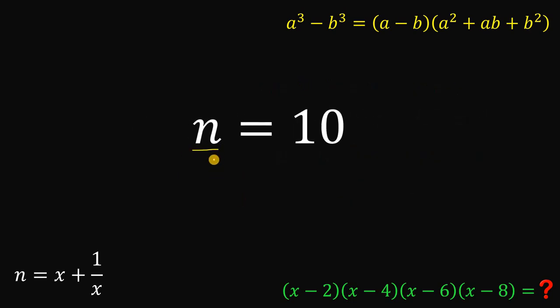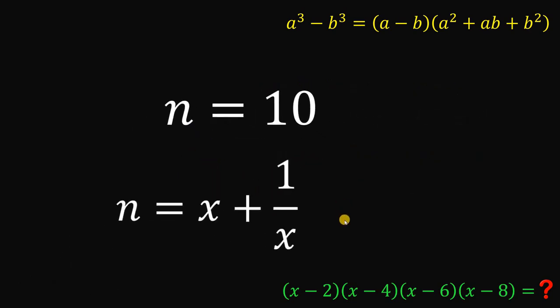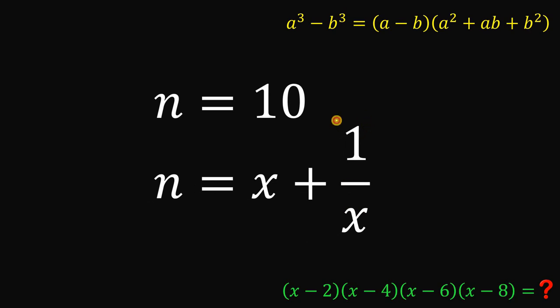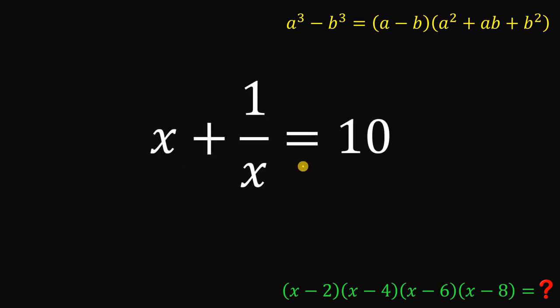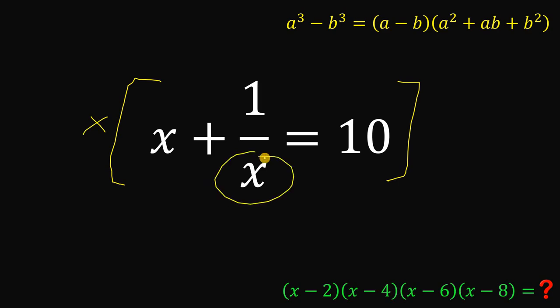And we know that n is also equal to x plus 1 over x. So we can say that x plus 1 over x must be equal to 10. Now, what we're going to do is multiply both sides by x to eliminate the denominator x.